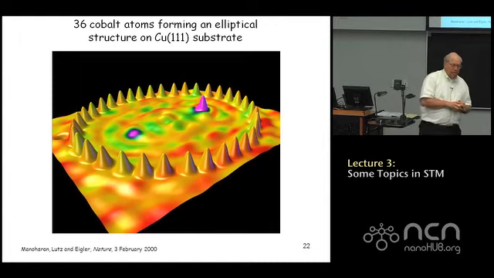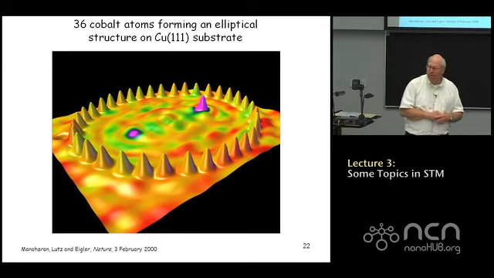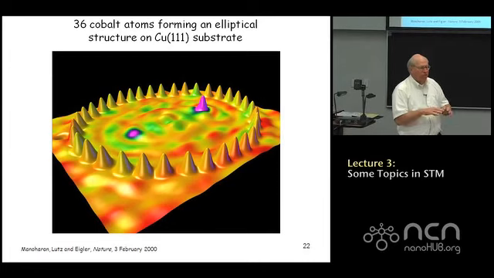And then they watched how these surface electron states that are propagating on the copper 111 substrate scatter from that elliptically shaped quantum corral of 36 cobalt atoms. And those ripples that you see in the middle of this image are the constructive and destructive interference of these surface states as they bounce around and reflect off that elliptical shape of the 36 cobalt atoms.